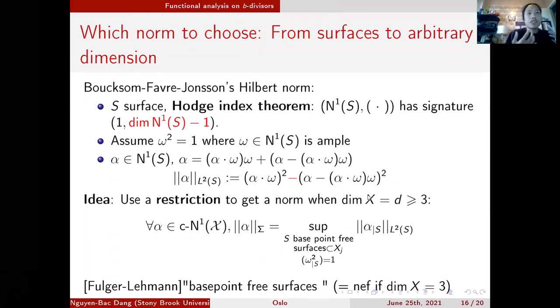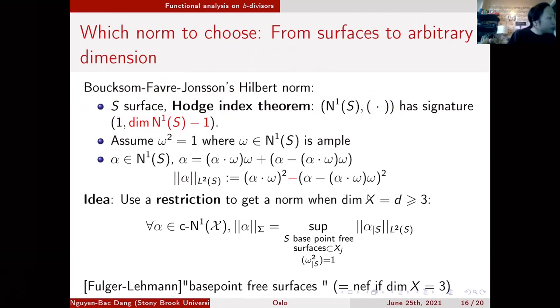In the case of surfaces, there was a construction due to Boucksom, Favre, and Jonsson, and they defined a Hilbert space. So how does it work? Their idea was the following: you start with a surface, and you look at the Hodge index theorem. It tells you that the Néron-Severi group endowed with the intersection product has signature (1, dimension minus 1).